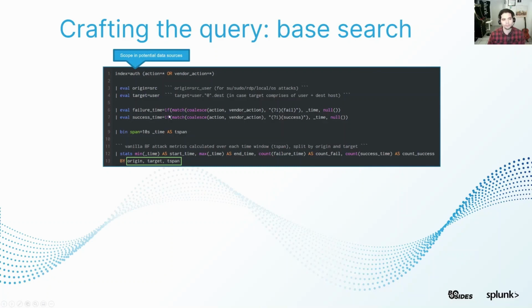For those that use different field names, who want to apply this technique to other columns or other fields, I'm also suggesting how you can do it. In the end, you basically just need to rename your source as origin or your target as, in this case, user as target, right?